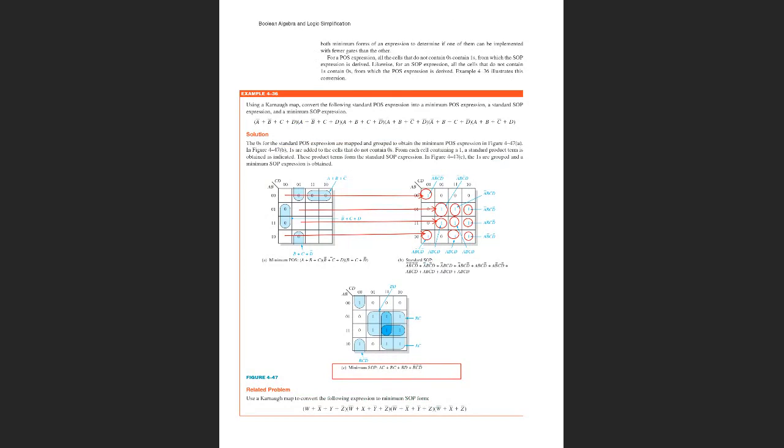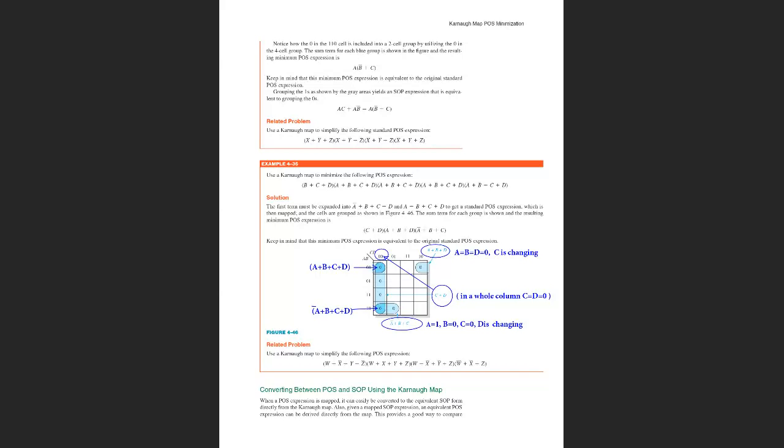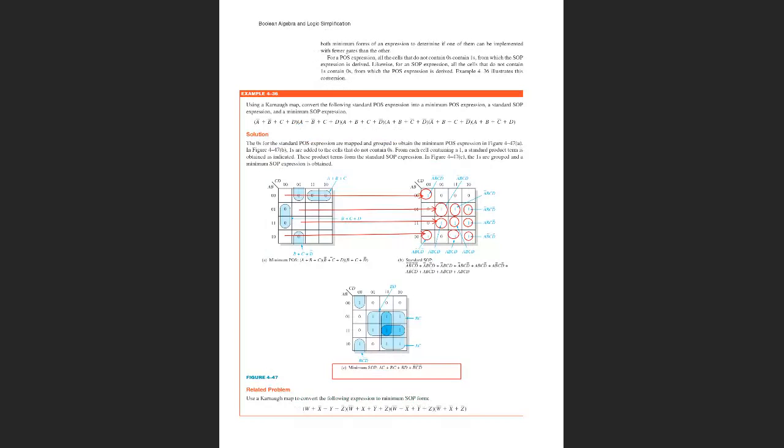Now, an interesting question: how to convert SOP to POS. The conversion is very simple because if we start from SOP, we fill up the map with ones, as it is below here. We fill up the Karnaugh map with ones, and then the rest are zeros.